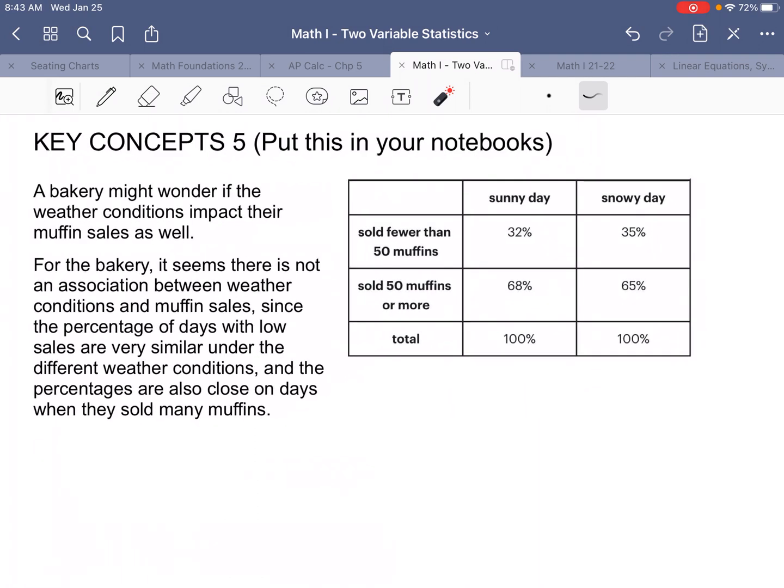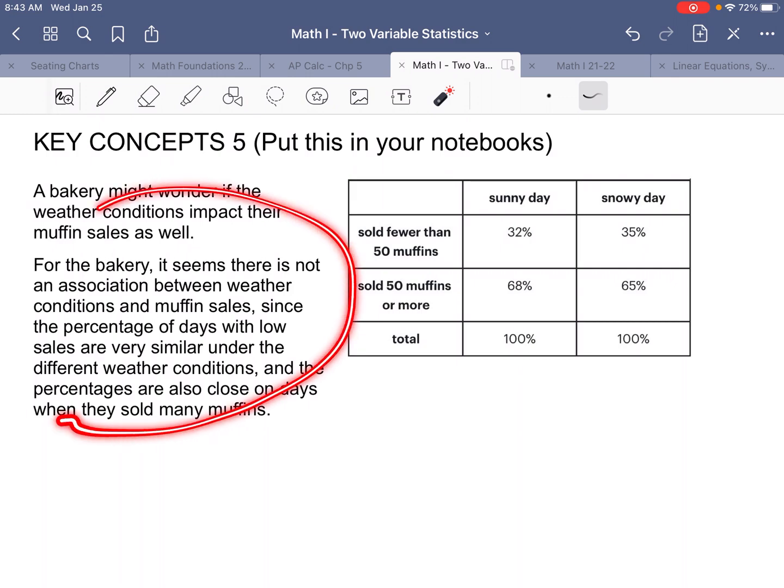Now, a bakery might wonder if weather conditions impact their muffin sales as well. So this is a relative frequency table for a bakery that sold fewer than 50 muffins on sunny or snowy days, or more than 50 muffins on sunny or snowy days.